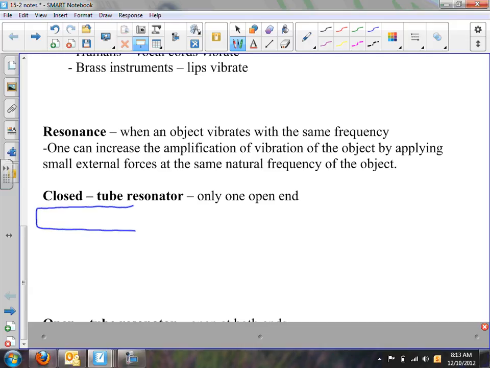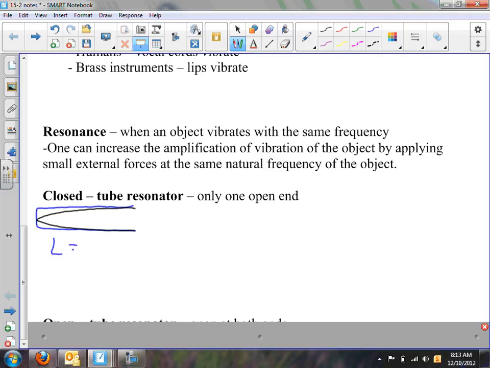Notice it's closed on the left end, open on the right end. In order for a sound to vibrate through that tube, you need to have a node at the closed end and an antinode at the open end. So if we draw that, you'll end up seeing there's a standing wave with this type of a pattern.